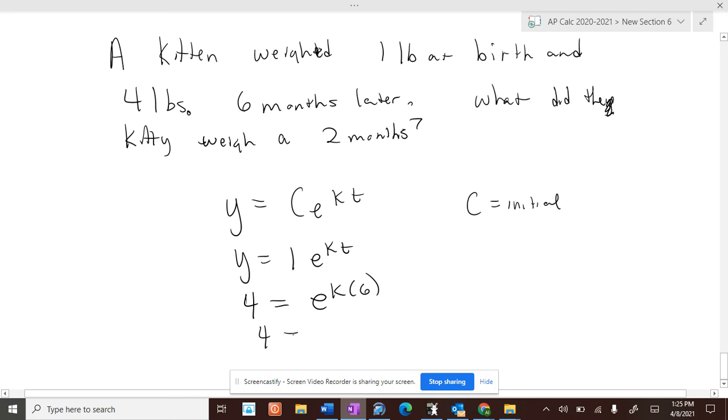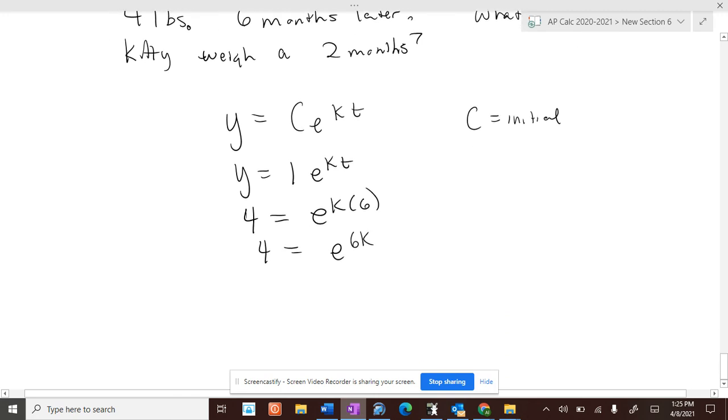So 4 equals e to the 6k. How do we get k alone? ln. ln of 4 equals 6k, divided by 6. k equals ln of 4 divided by 6.